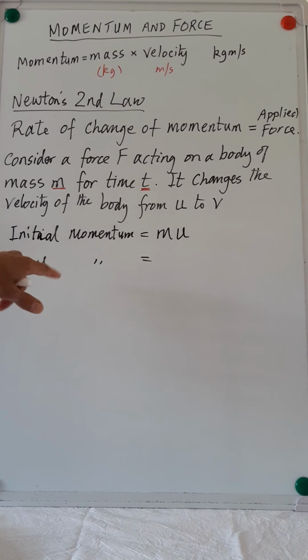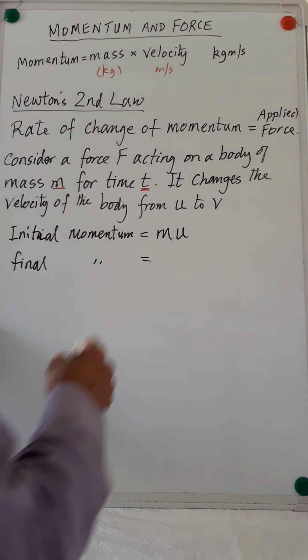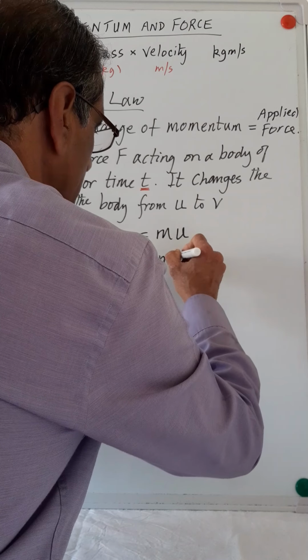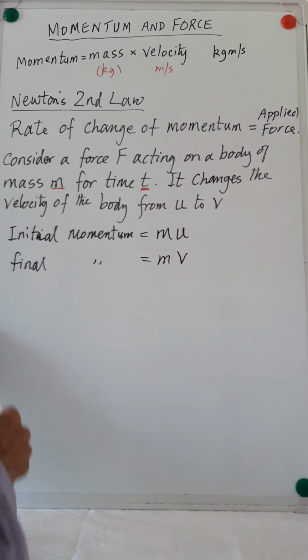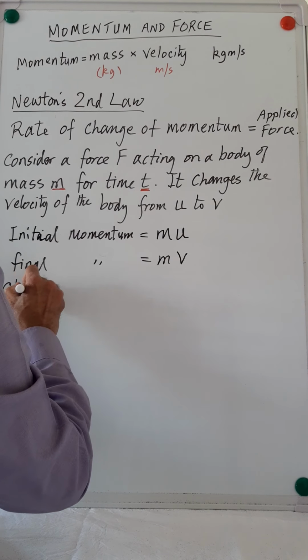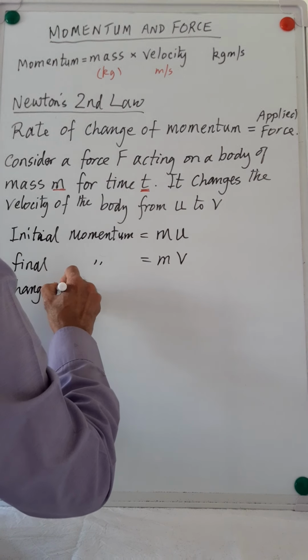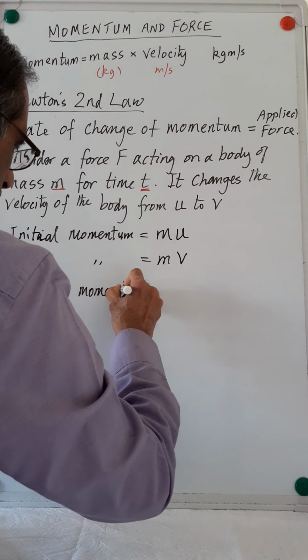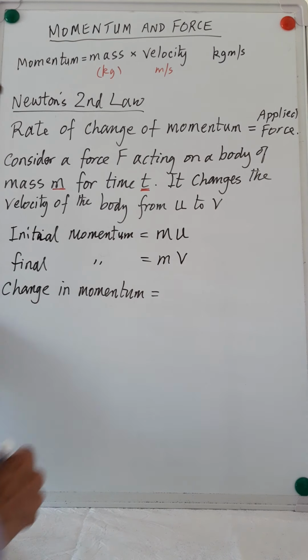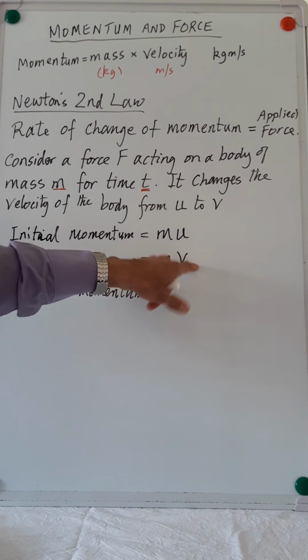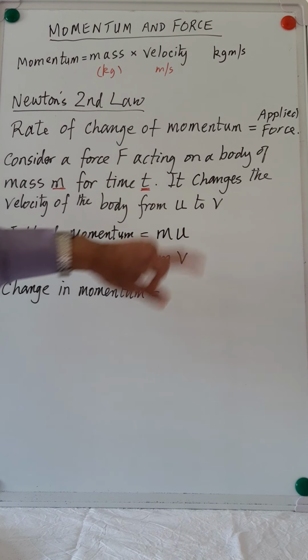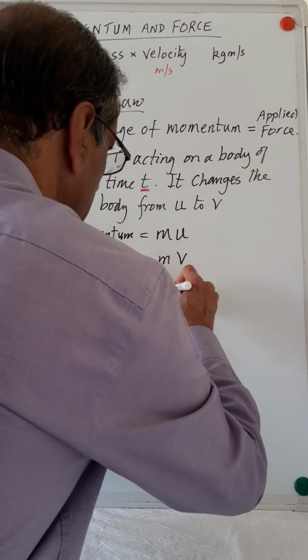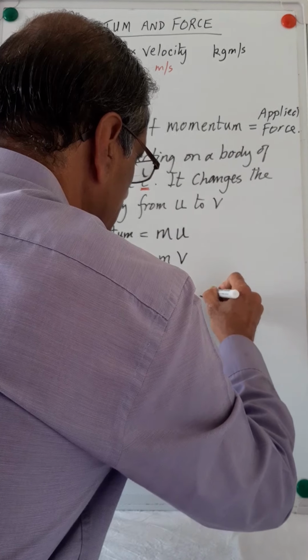So the final momentum after the force has acted is going to be m times v. What is the change in momentum? It's going to be the final momentum minus the initial momentum, which is mv minus mu.